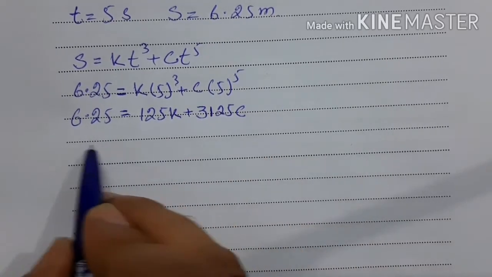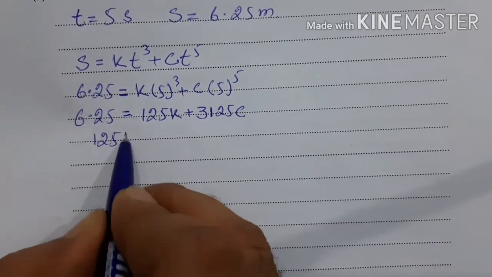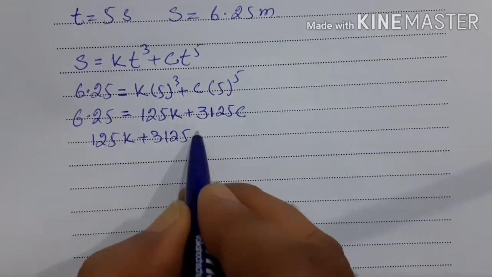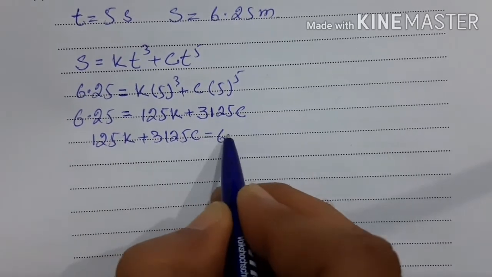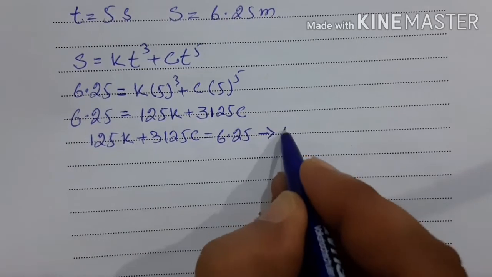So I can write it as 125k plus 3125c is equal to 6.25. This is my first equation.